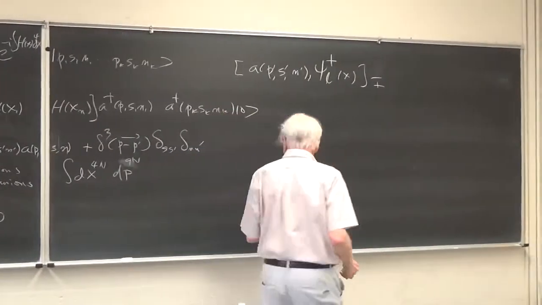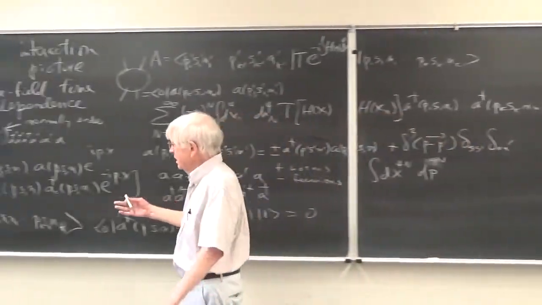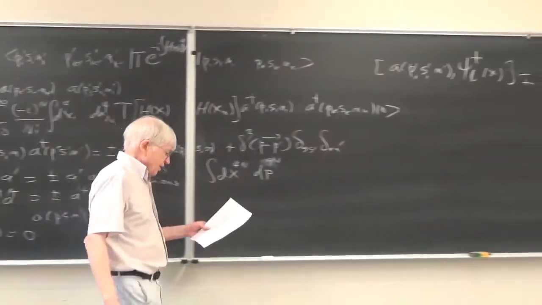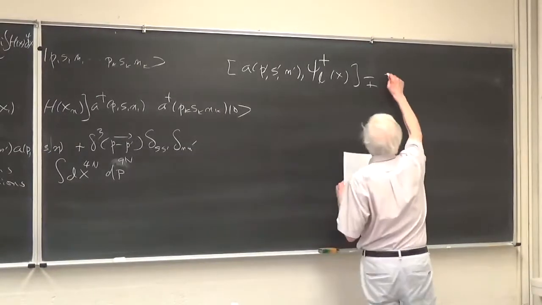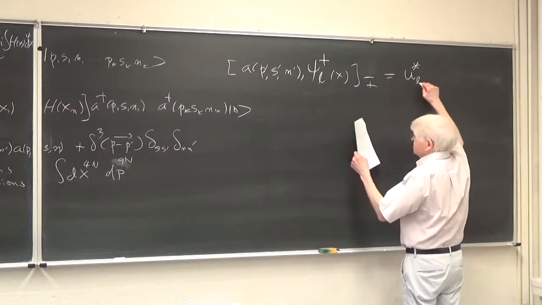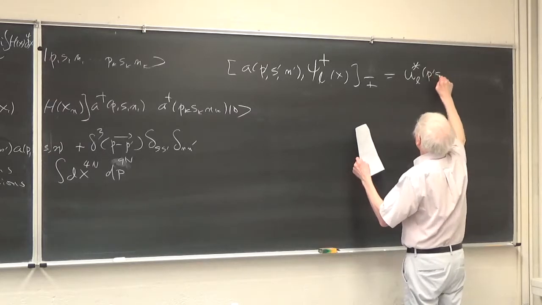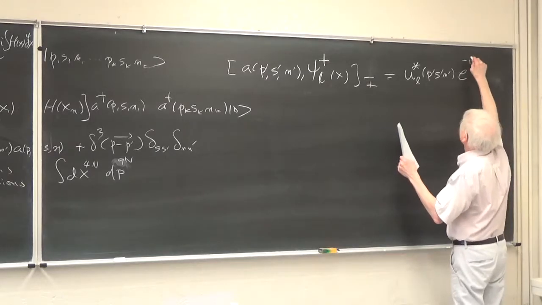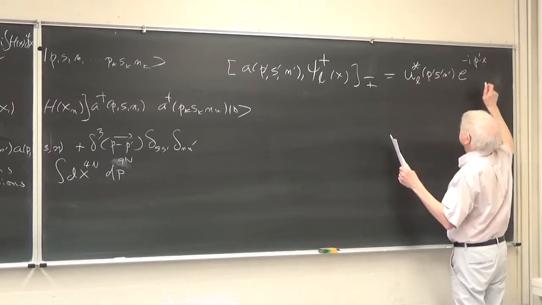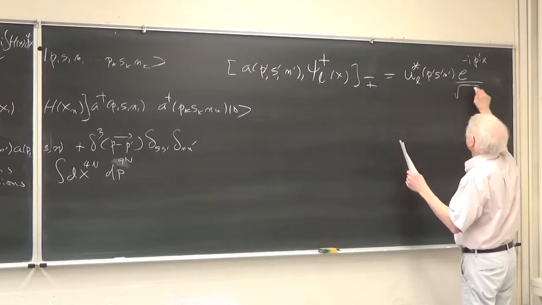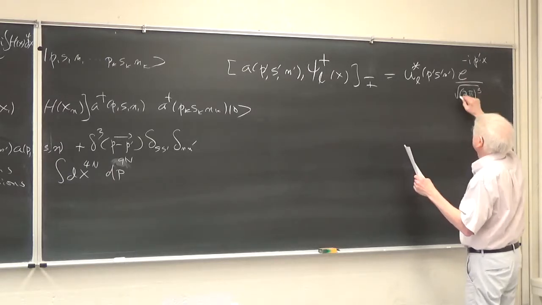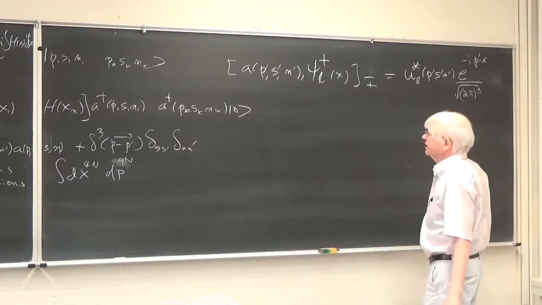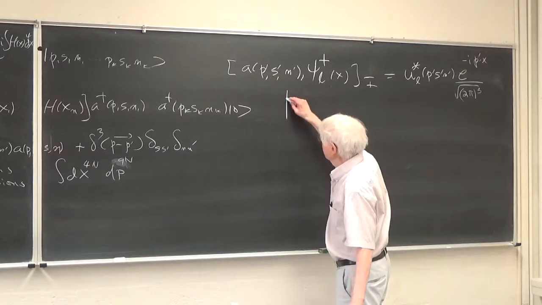The delta function will cancel the integral over momentum and the sum over spins, and what you're left with is simply u star sub l of p prime, s prime, n prime, e to the minus i p prime dot x over square root of 2 pi cubed. And that will be written in a space-time diagram.